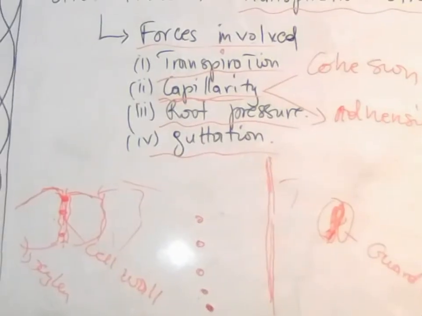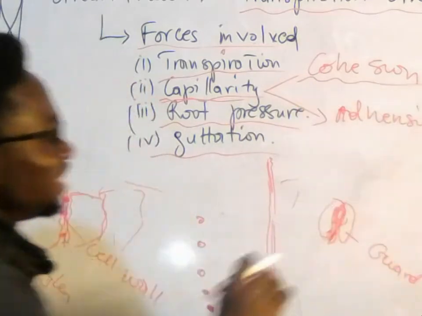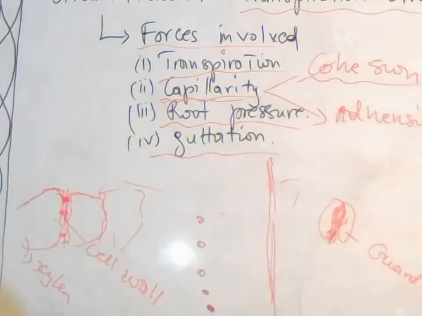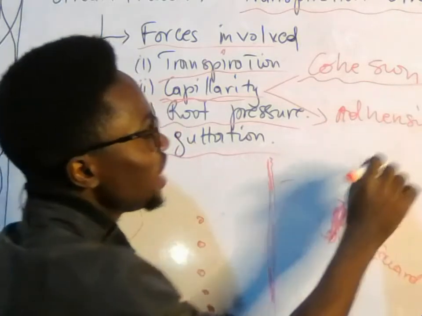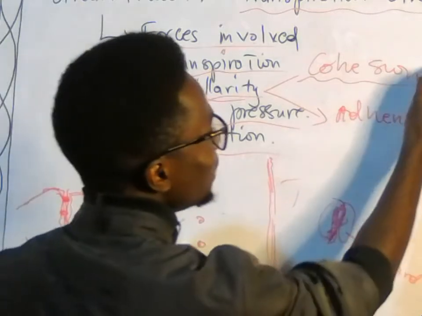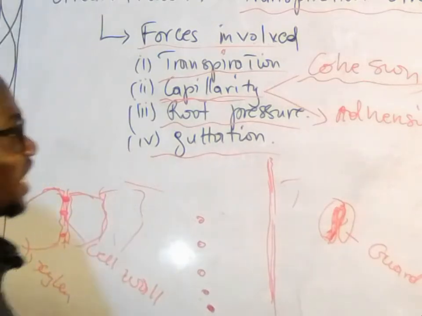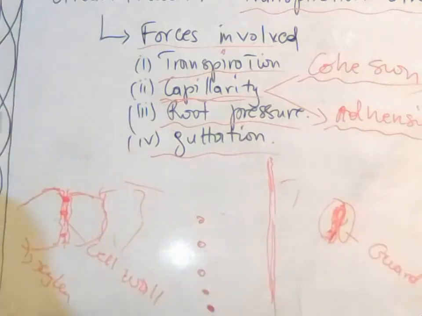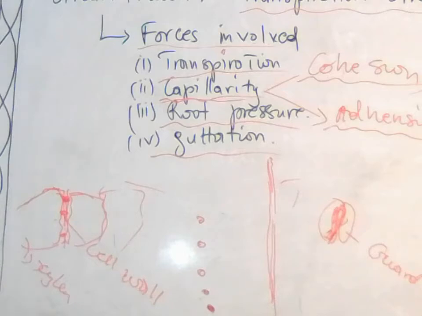Now the question is, what is cohesion? Cohesion is the attractive force between the molecules of the same kind. Whilst adhesion is the opposite: the attractive force between molecules of different kinds. That's how we define these.